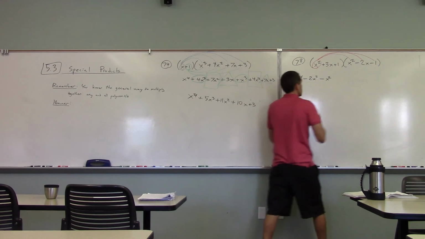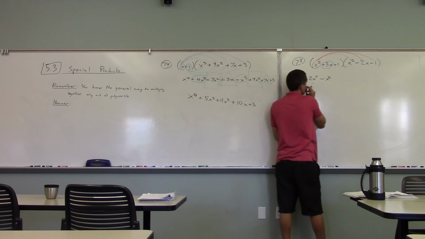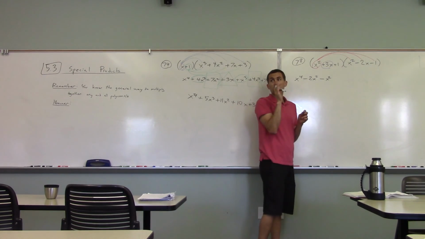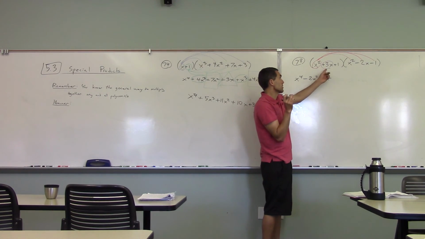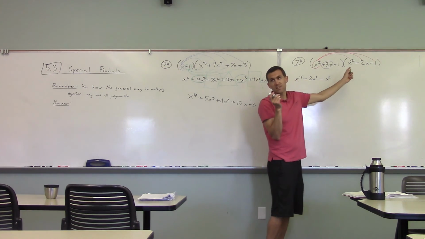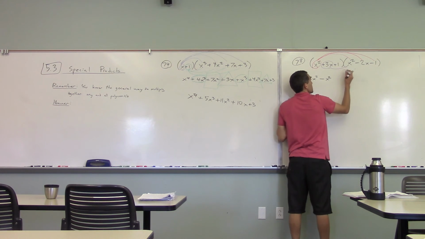Then the 3x. We have to start at the beginning and multiply by every single one, we have every combination. First the 3x by x squared, then with negative 2x, and then with negative 1.